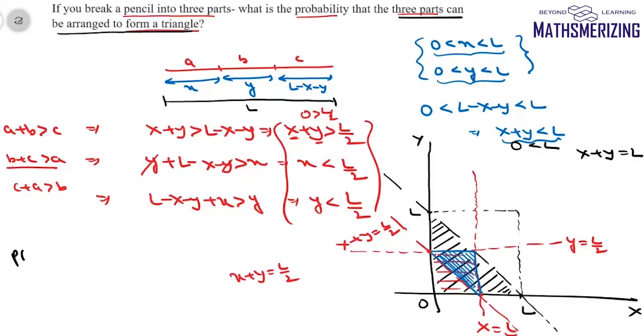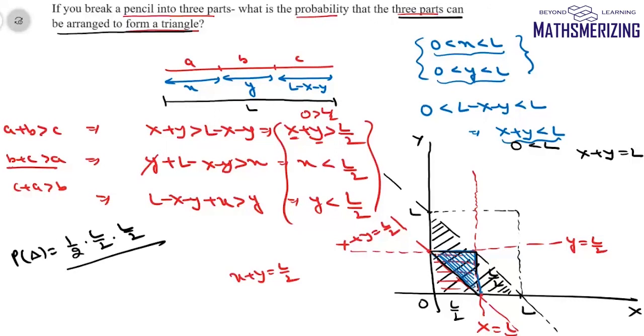Now we'll calculate the probability that these three pieces will form a triangle. So what is the favorable area? Favorable area is the area of this blue triangle. So this is half, and the length of this side is L by 2, and this also is L by 2. So half times L by 2 times L by 2. And then what is the total area in the problem?